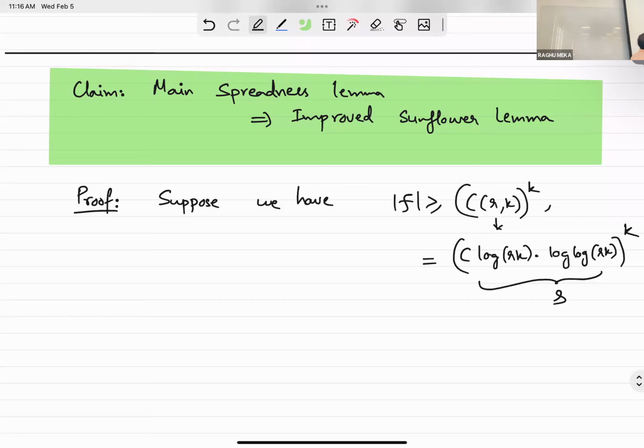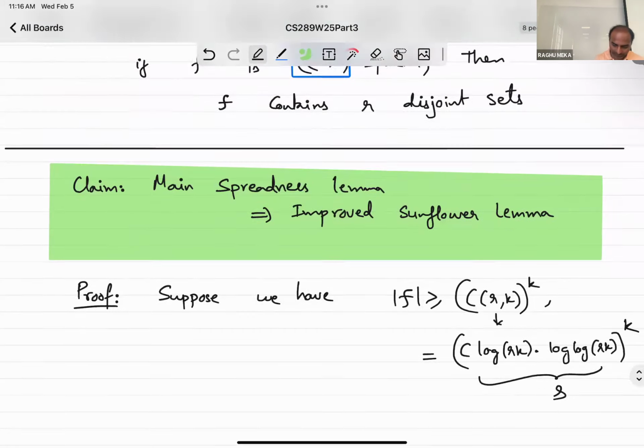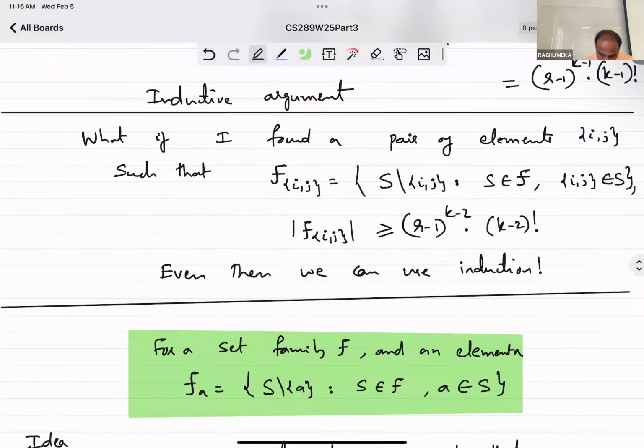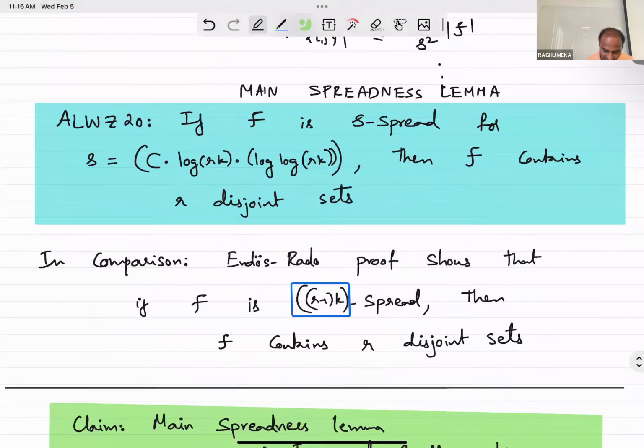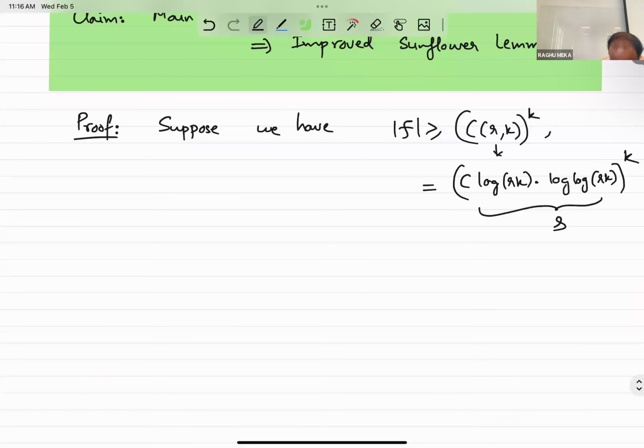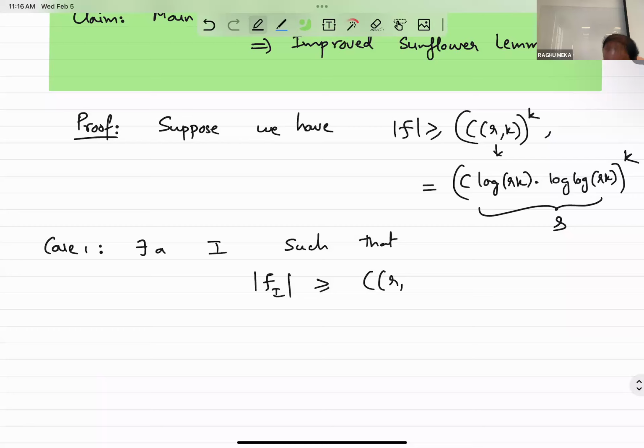Okay, you start with a family which is this big. Suppose I have a family which is this big. Then you consider case one. There exists an I such that the size of F_i is bigger than or equal to, let me just write it as S to the minus 1 times the size of F. Okay. If this is true, we are done by induction.